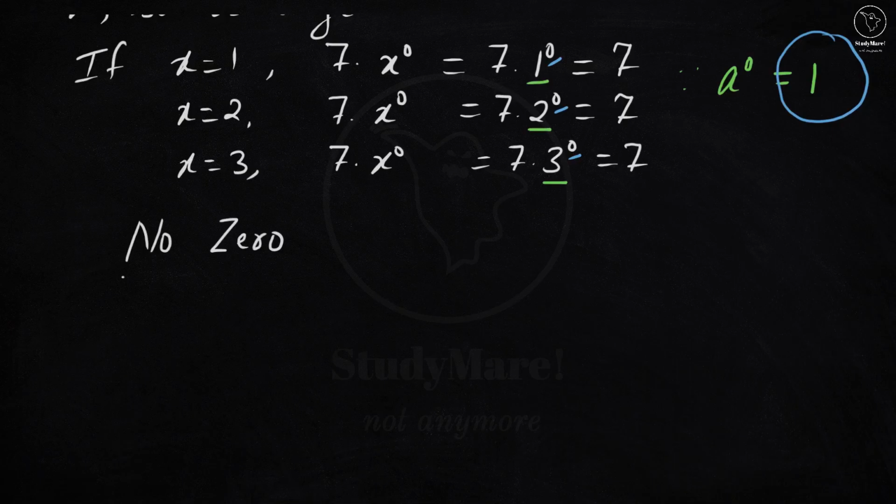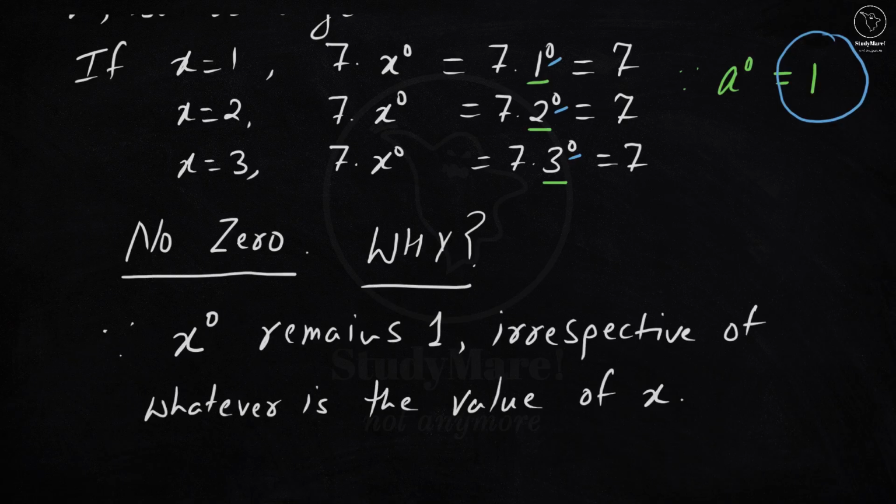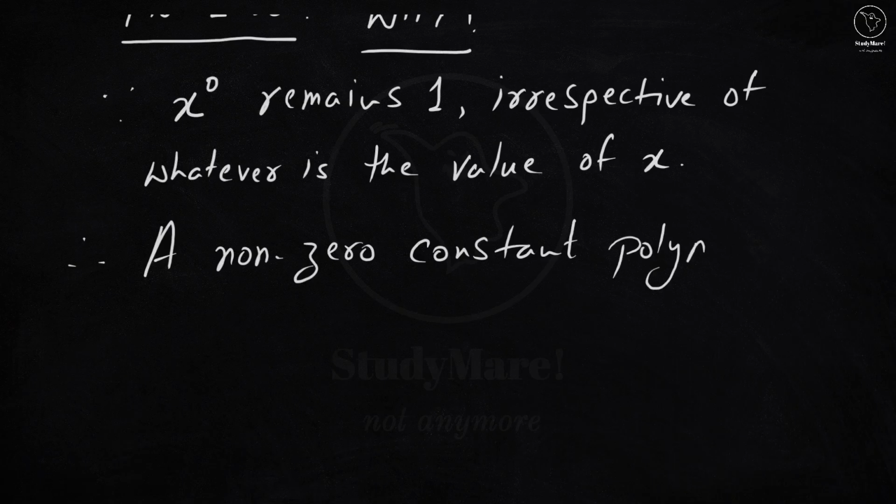Why? It is simply because x to the power 0 remains 1, irrespective of whatever is the value of x. Therefore, a non-zero constant polynomial has no zero or root.